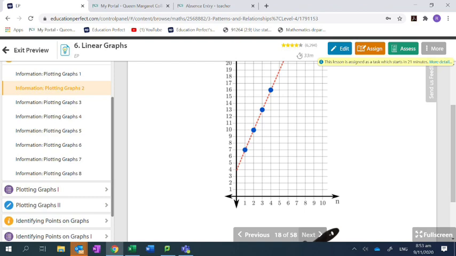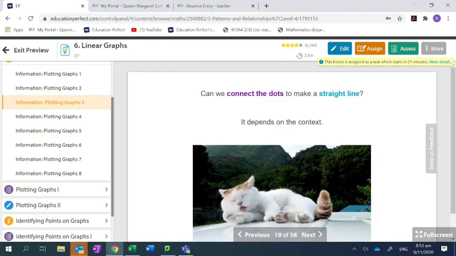So, this is critical. Can you connect the dots when you have a straight line? Can we connect the dots to make a straight line? Well, the answer is sometimes.